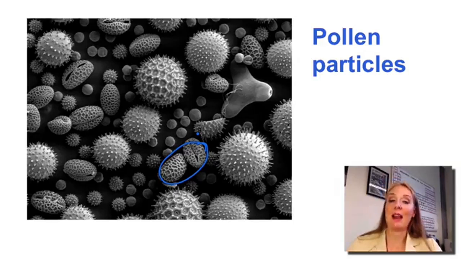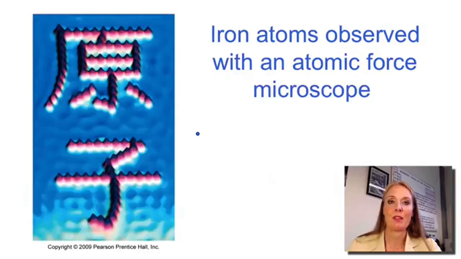Now, as microscopes got more and more powerful, eventually people got to the point where they could see individual atoms. This image is from an instrument called an atomic force microscope. This was an image that was recorded at IBM. And what they did was they took some iron atoms and they used an atomic force microscope to push those iron atoms around on the surface, which was made of copper.